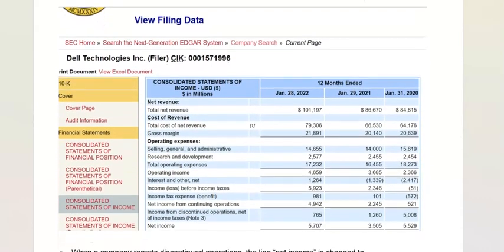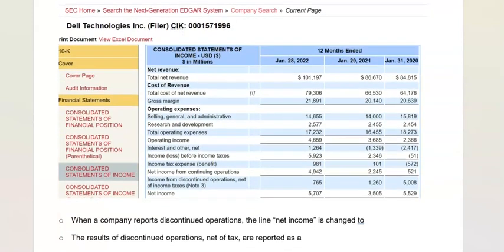Here, I've pasted in Dell's most recent 10-K, and we can see our typical income statement format until we get to income tax expense. Below that, rather than seeing net income, we see net income from continuing operations. And then we see a line for income from discontinued operations. We can also see that this is going to be further explained in footnote number 3.